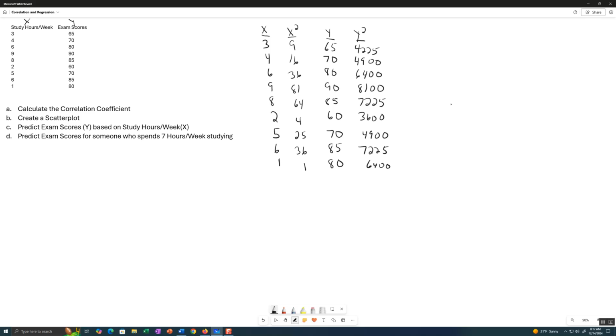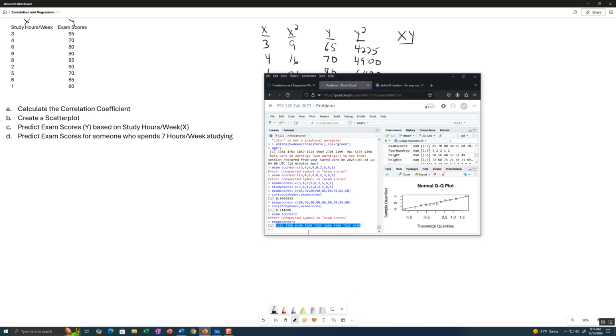And let's do an xy here. And I'll do the sums afterwards. Let's do study hours times exam scores. That'll give me my XY column here.